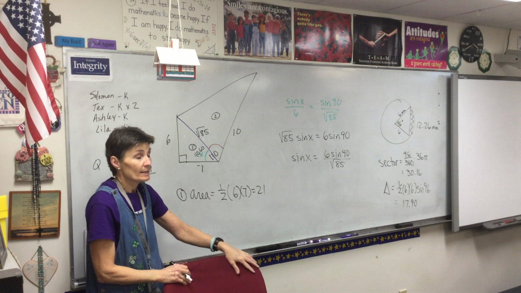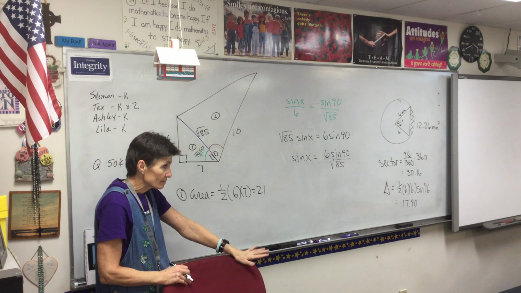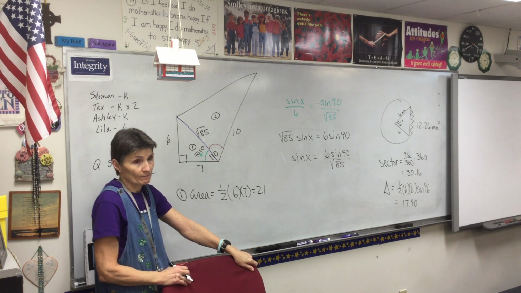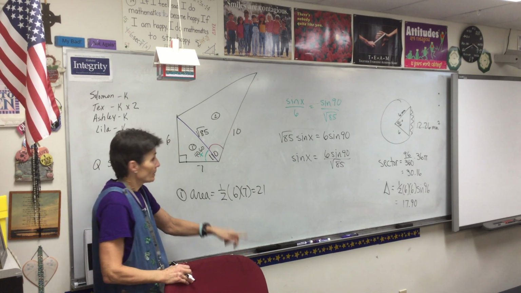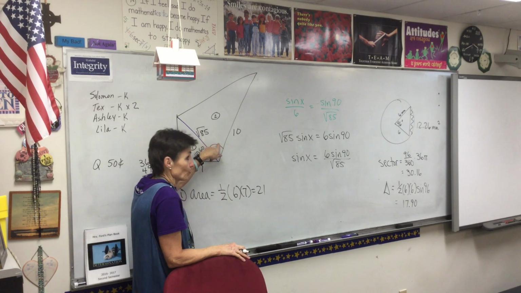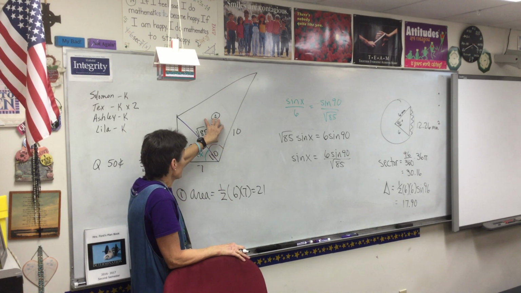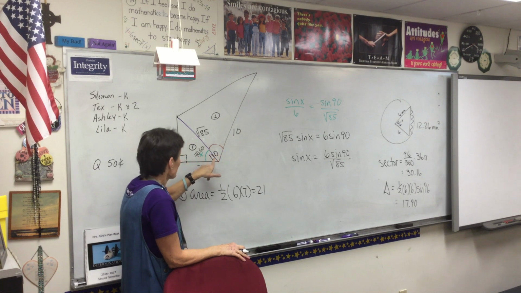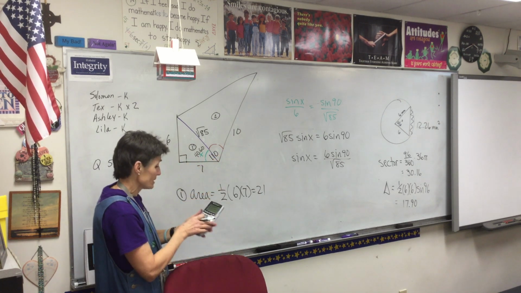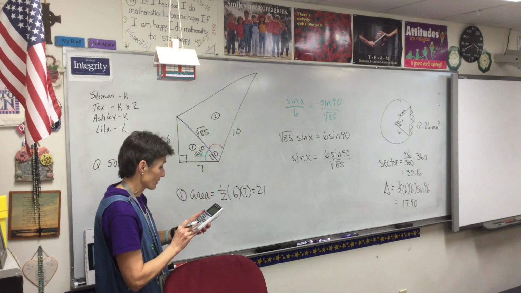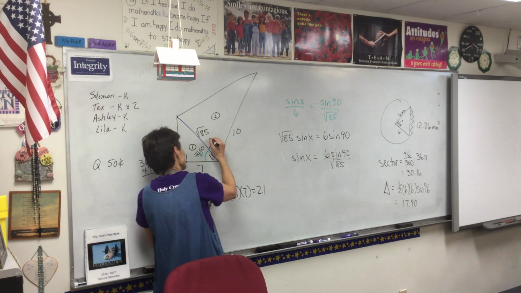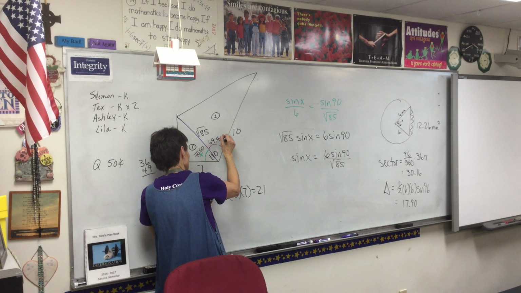Now, is that what I was looking for? No. I was looking for the red one. That's the one I needed, right? So if I take 110 minus that, I get 69.40.